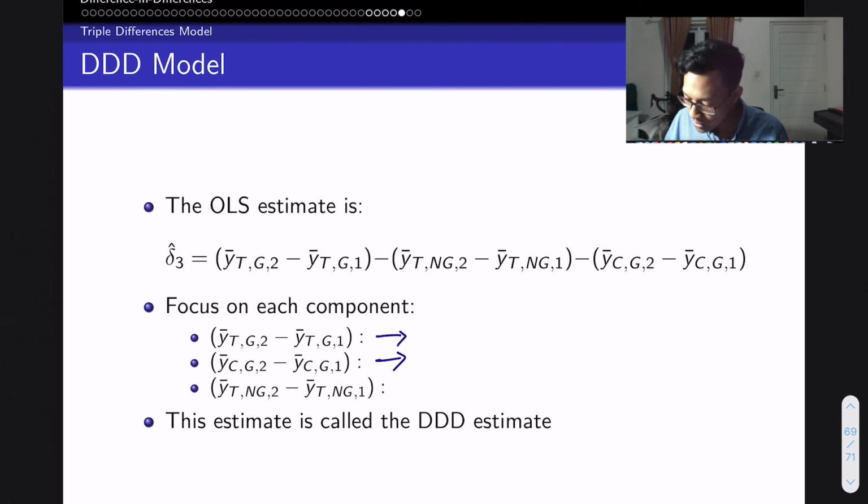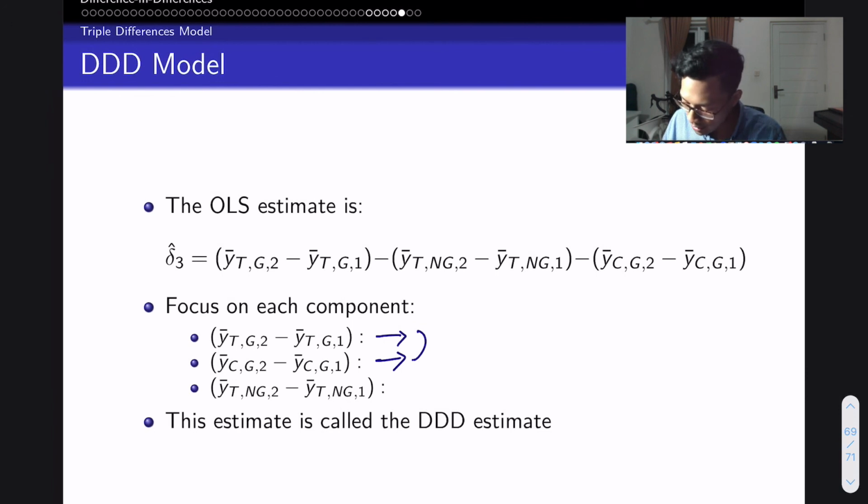And if you subtract the first and the second component, you're cleaning the impact that affects both the poor subpopulation and the non-poor subpopulation within that local government. So it's cleaning out the time trend within that local government.